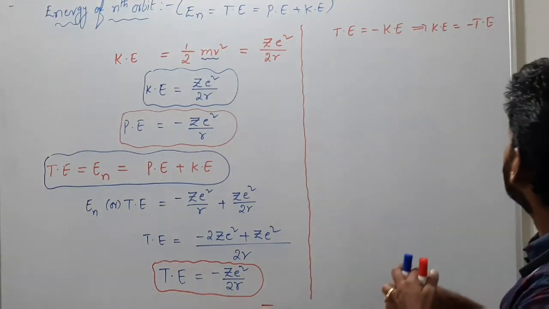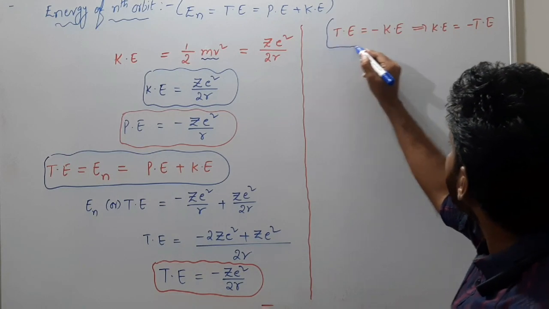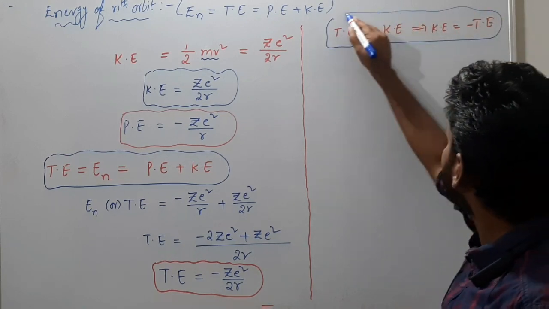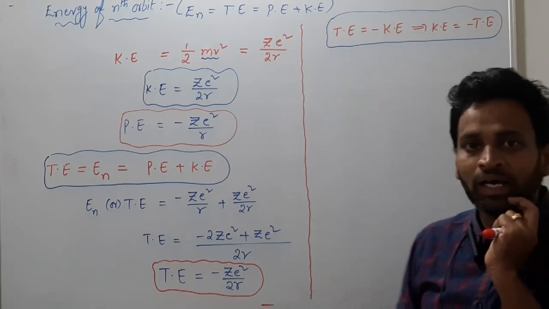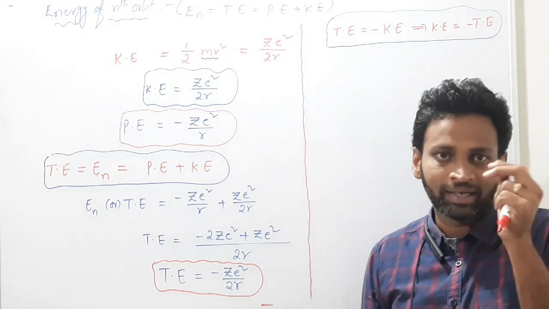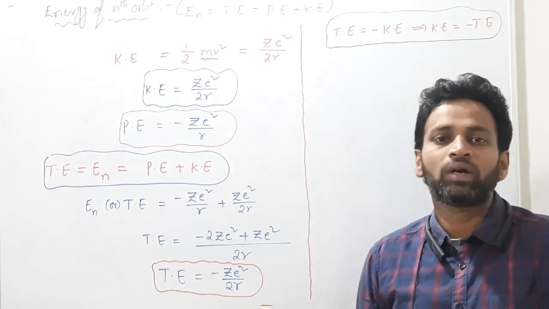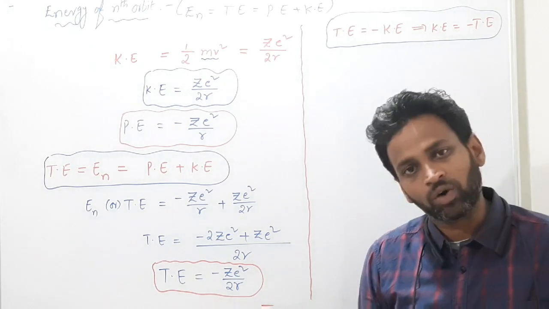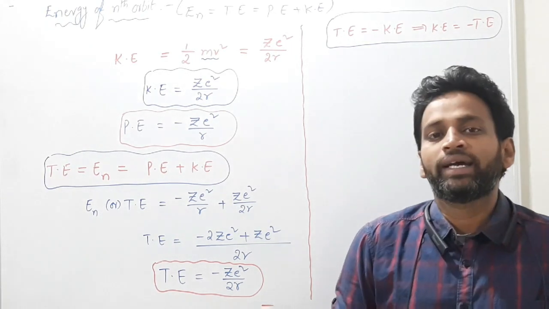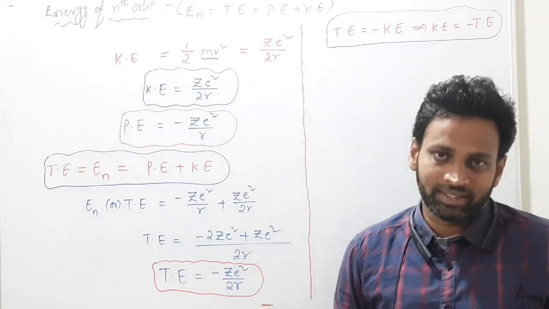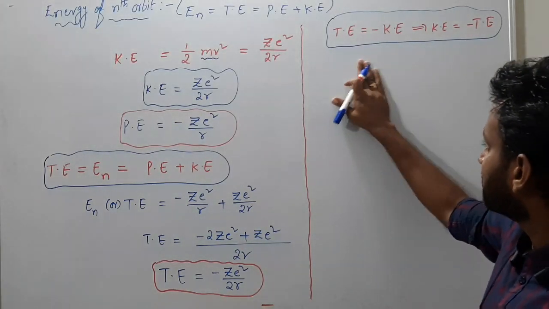Got it? So this is the relation between total energy and kinetic energy. Important: they will ask you in the exam, for a particular nth orbit, meaning K shell or L shell, the total energy is x. What is the kinetic energy? Total energy is x, so kinetic energy is minus x. That's it. Got it? So that is the relation.